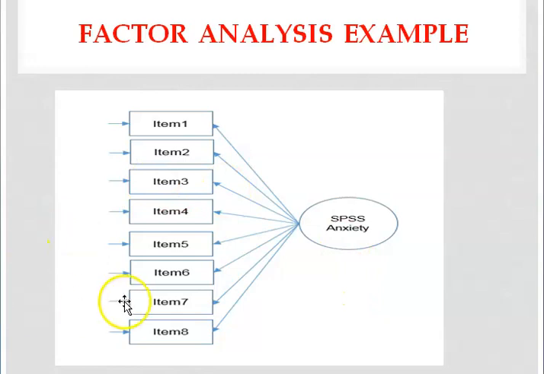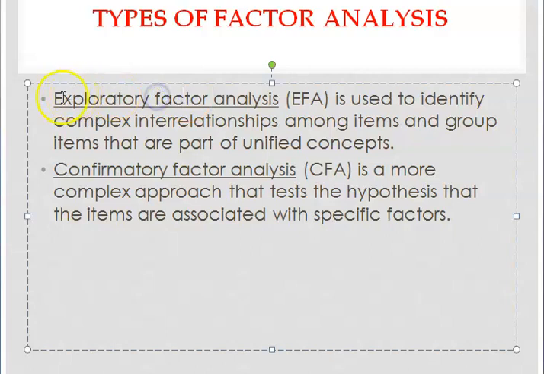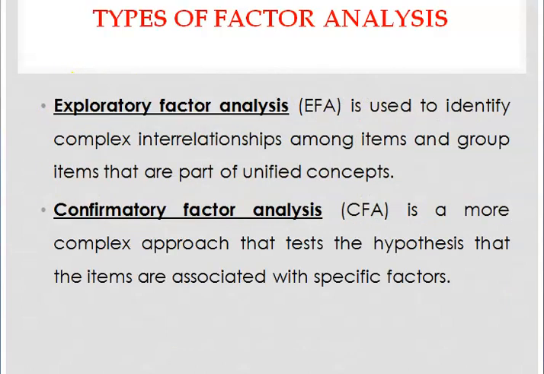Next we are going to see the types of factor analysis. The first one is exploratory factor analysis, EFA in short. It is used to identify the complex interrelationships among the items and group items that are part of unified concepts. The second type is confirmatory factor analysis, CFA.